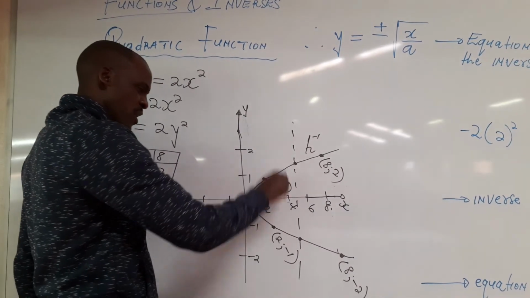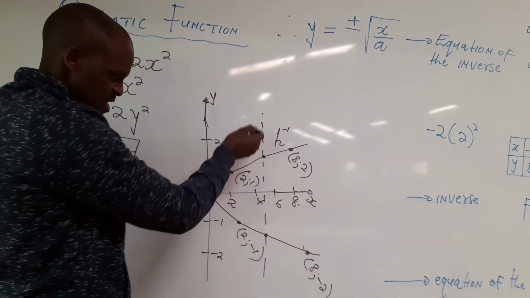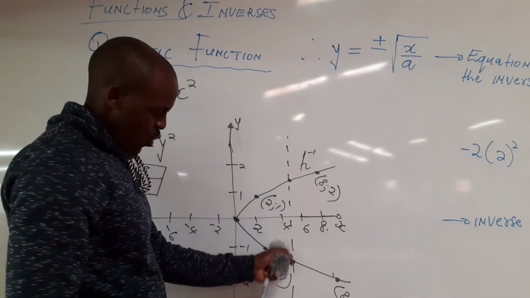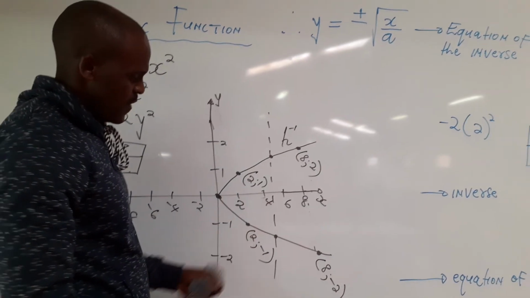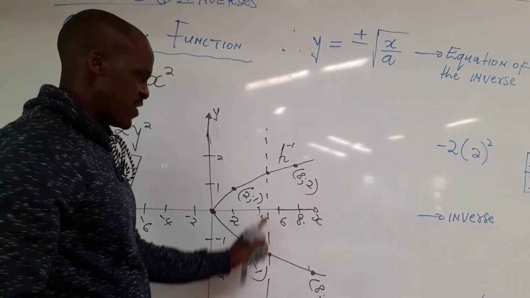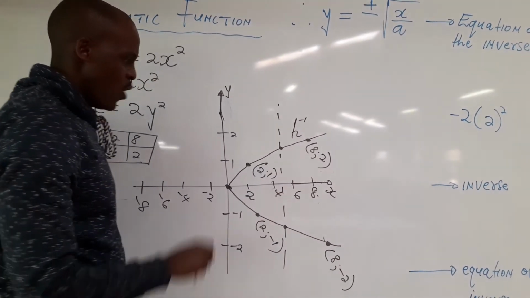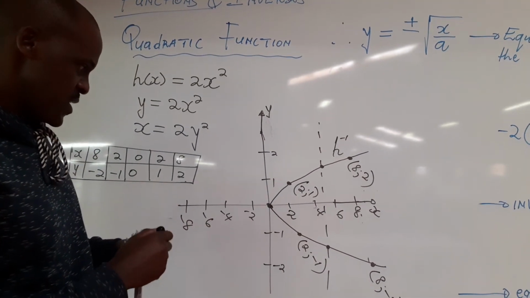It will be no longer a function, because a vertical line test cuts this graph twice. A function, when you use a vertical line test, it will cut it once. Since it cut it twice, it is no longer a function.